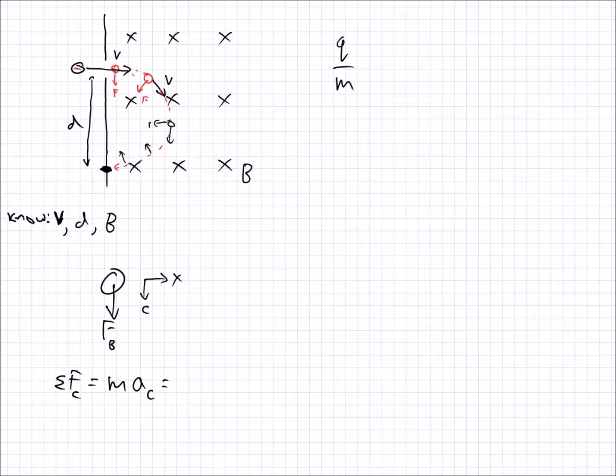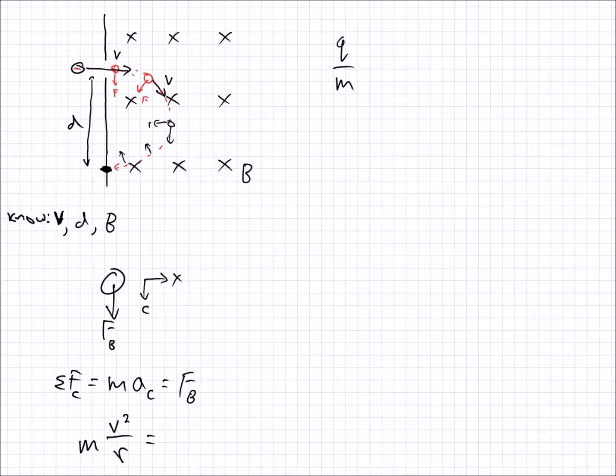So we list out what it is here. There's only that one force pointing in the c direction. And recall that you can write the acceleration toward the center of the circle as v squared over r. Centripetal acceleration is v squared over r, where r is the radius of the circle. That's equal to the magnetic force.